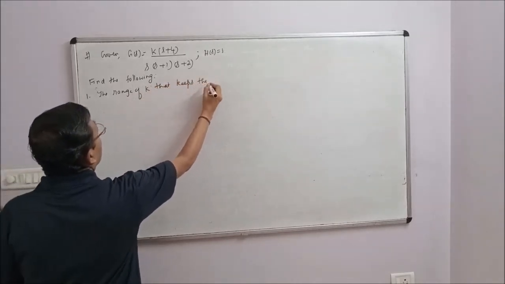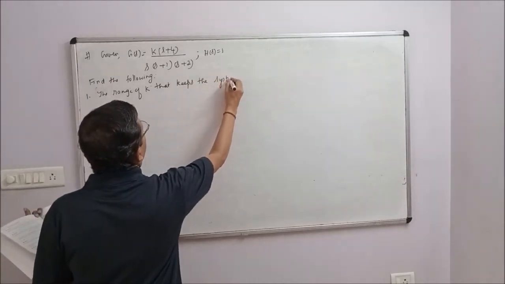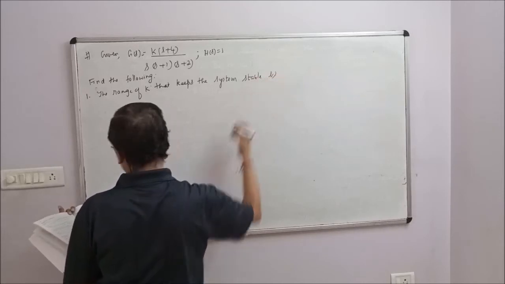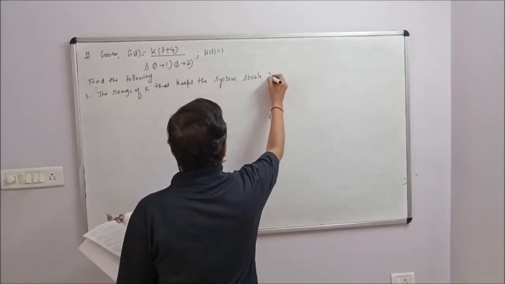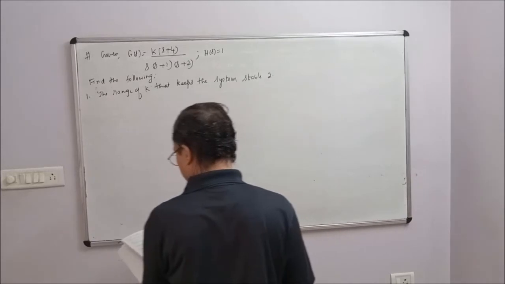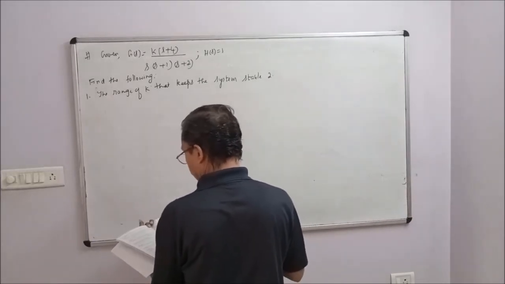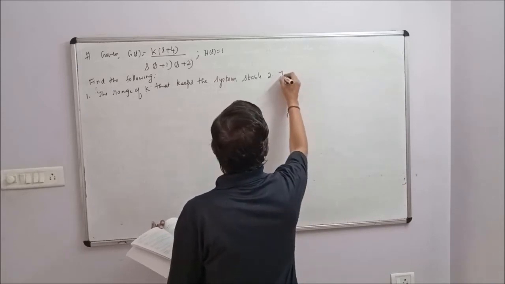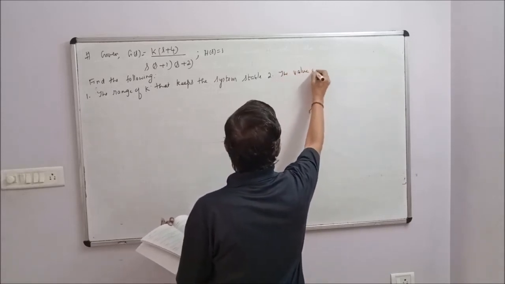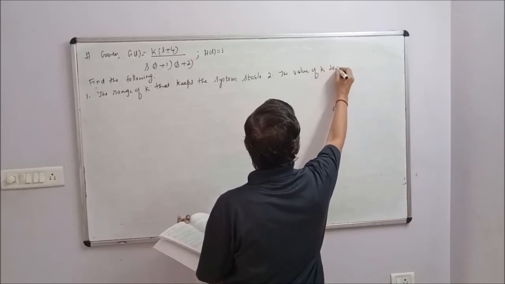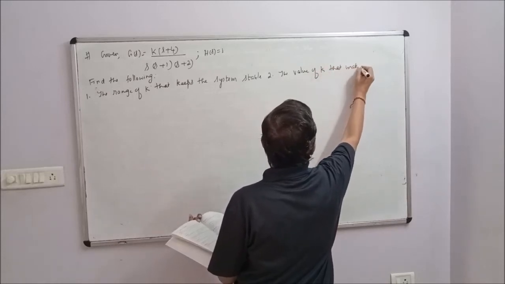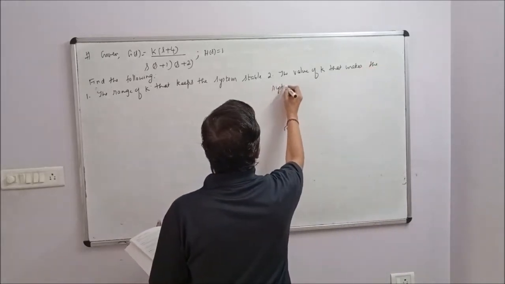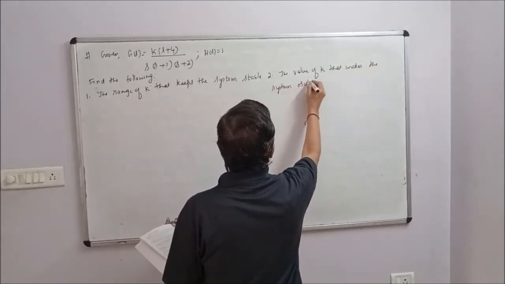Two, the value of k that makes the system oscillate.